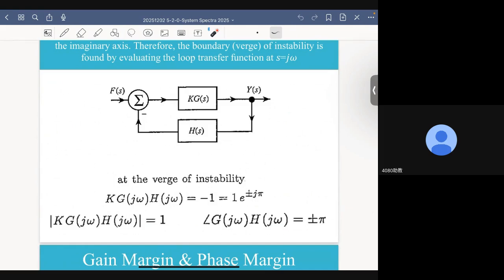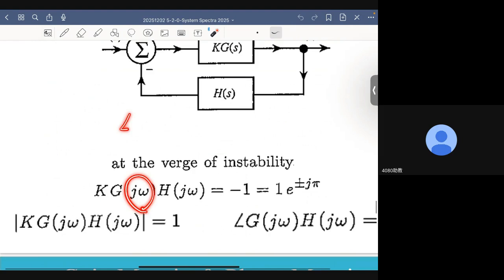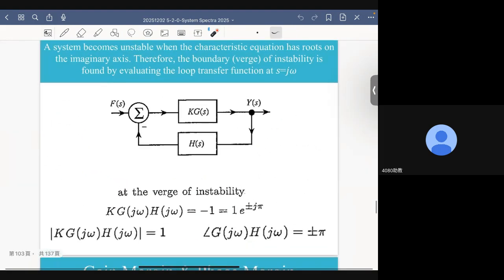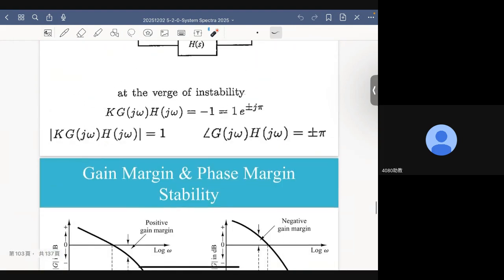If that is the case at the verge of instability, again, you know that the characteristic equation has to be this, all right? We saw this before. Remember, here, s is equal to j omega, because we now assume s is on the verge of instability, all right?